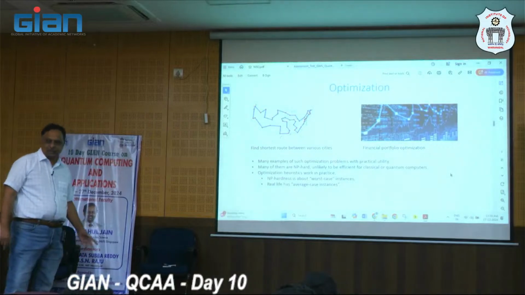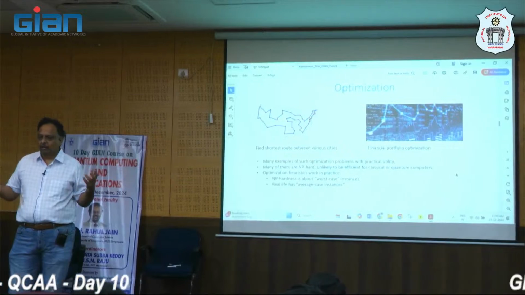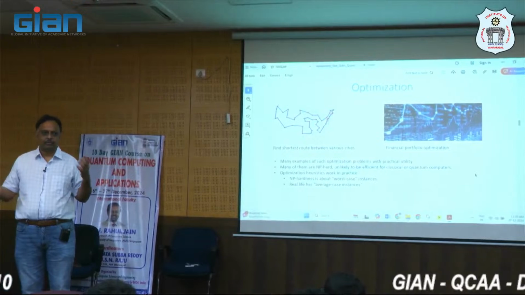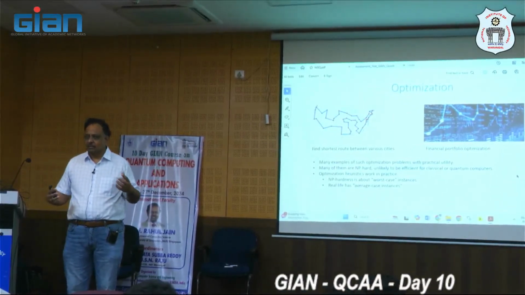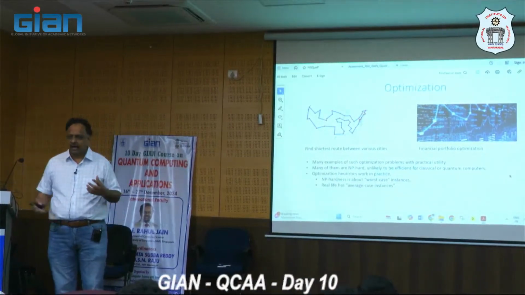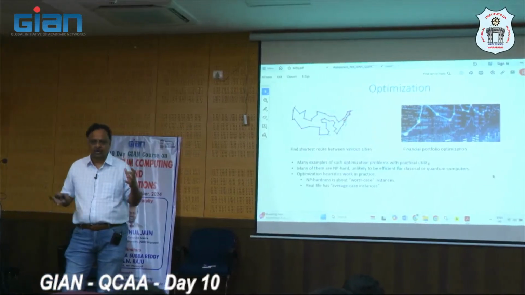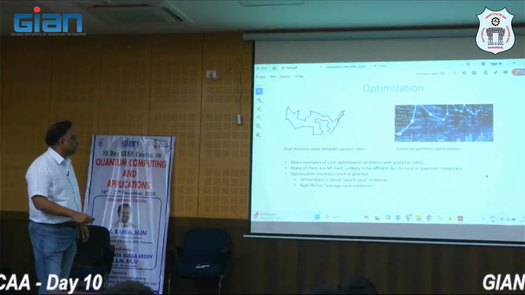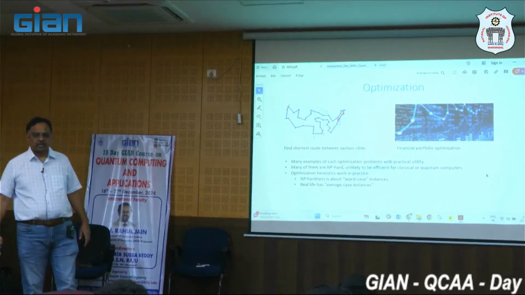Financial portfolio optimization. Many times there is some financial portfolio, with many different financial objects: stocks, their derivatives, futures, options, etc. They have different constraints with each other. You have to optimize among all the constraints. Also a hard problem, correct? So in all of these things, you need to implement some optimization.